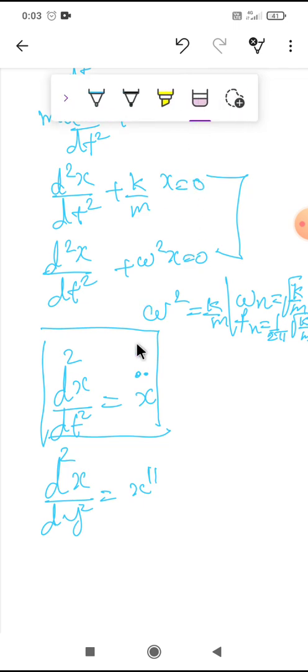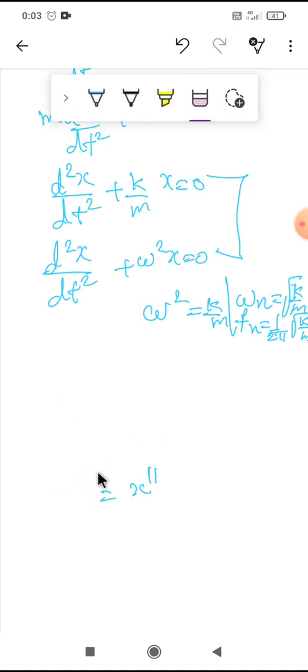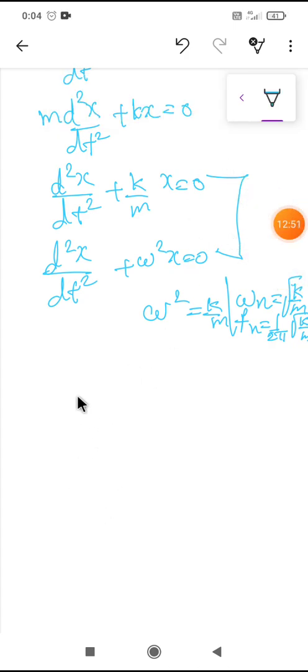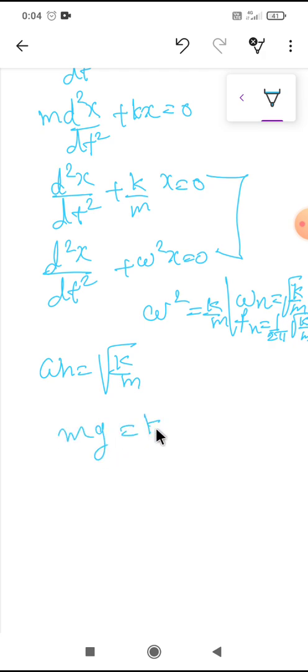Now let's move to another method. Before that, I will rewrite this equation: omega n is equal to under root k by m. As we know from the first equation, mg is equal to k delta. Rearranging, g by delta is equal to k by m.